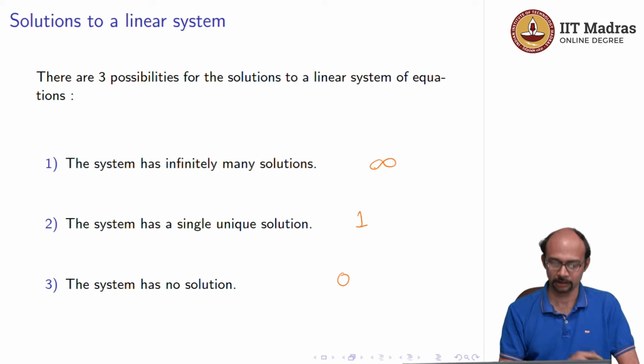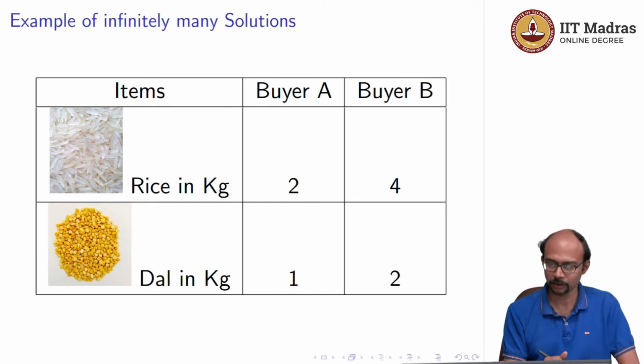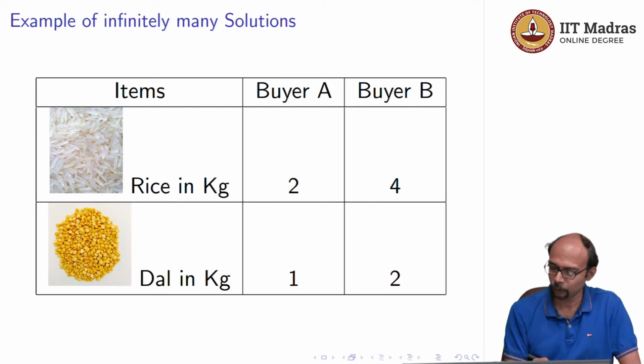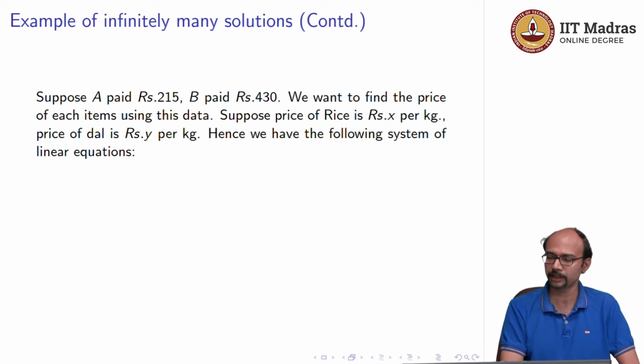Let's see examples of where this comes from. Suppose we have 2 buyers, A and B. Buyer A buys 2 kgs of rice and 1 kg of dal. Buyer B buys 4 kgs of rice and 2 kgs of dal. They pay 215 rupees and 430 rupees respectively.